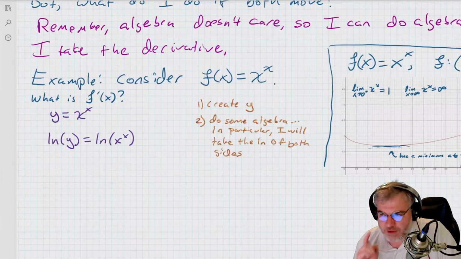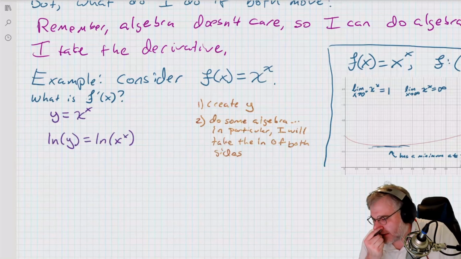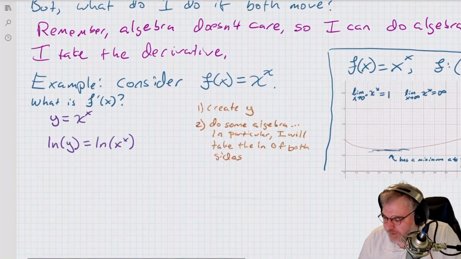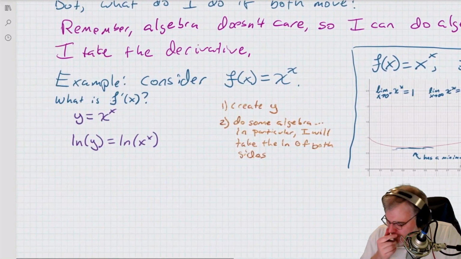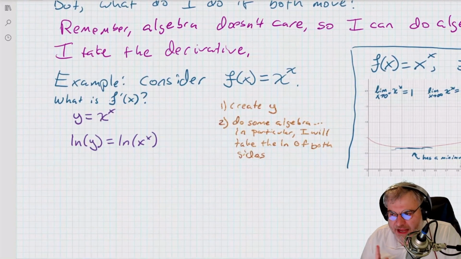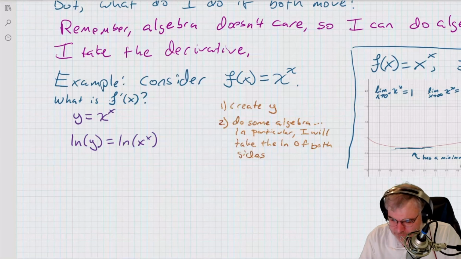That trick only works when x and y are both positive. But for the moment, that's fine. There's my domain. I could even restrict this to 0 to infinity, because remember, the natural log is not defined for negatives. This is not a course in complex numbers.